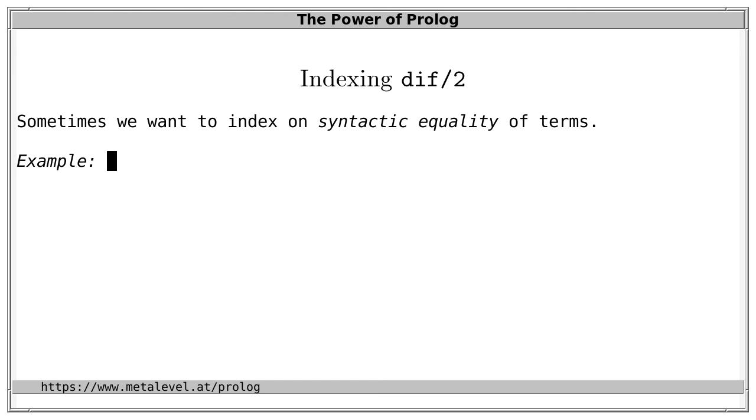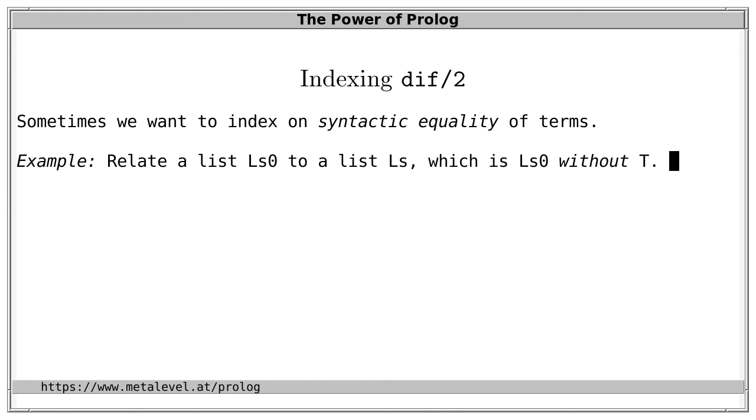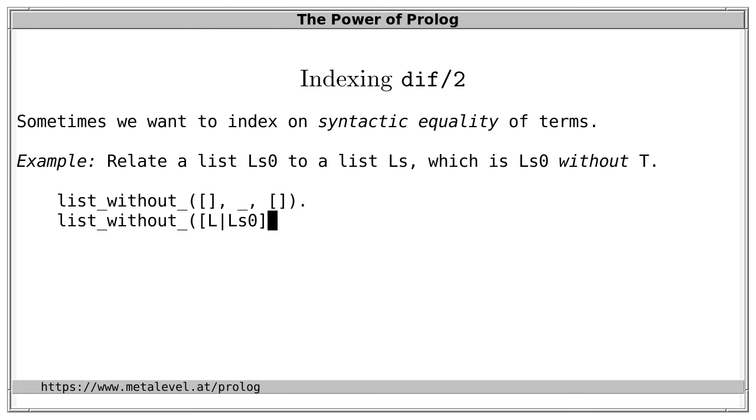So let's rather say that we relate a list ls0 to a list ls. And ls is like ls0, but without a term t. So we have list_without for the empty list nil, no matter what t is, ls is also the empty list.